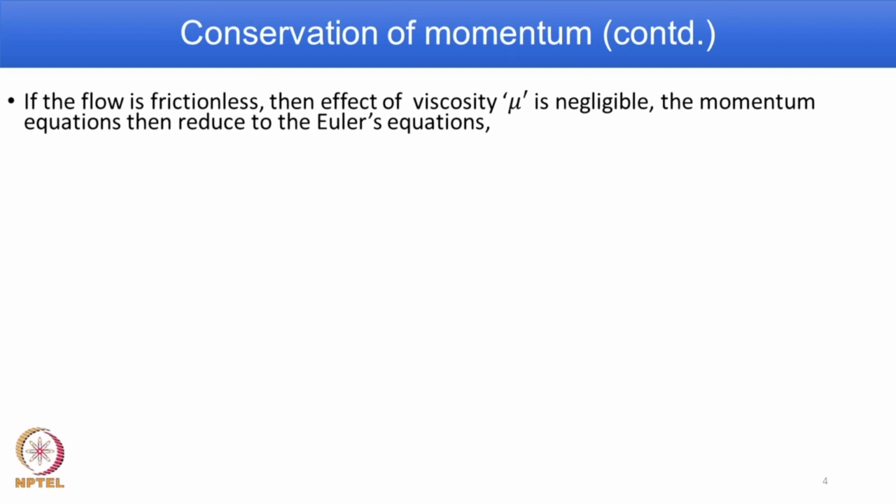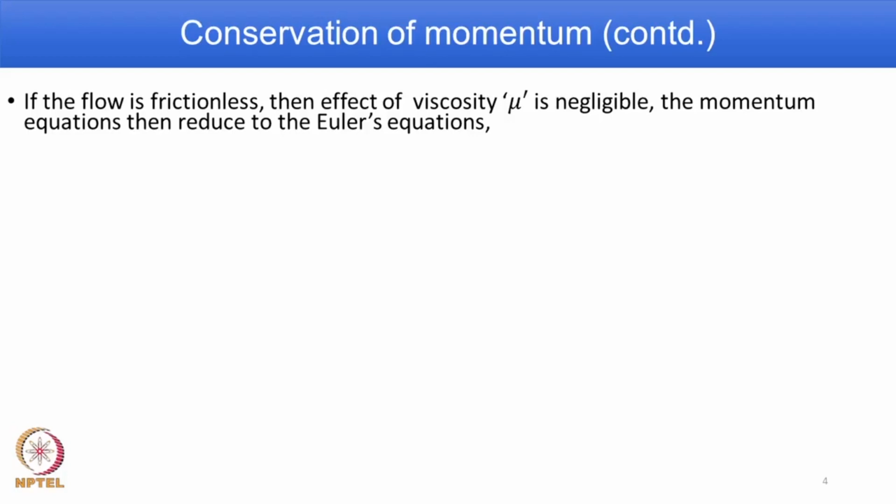Like we did in conservation of mass, if you simplify for different situation, then the original generic continuity equation gets reduced as 2 dimensional only with the spatial derivative. Similarly, conservation of momentum equation also can be reduced for different simplified situation.